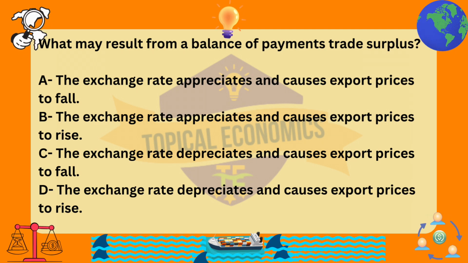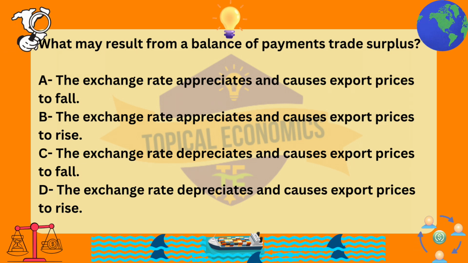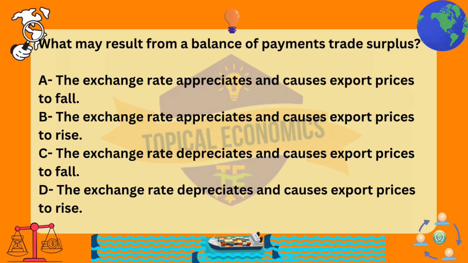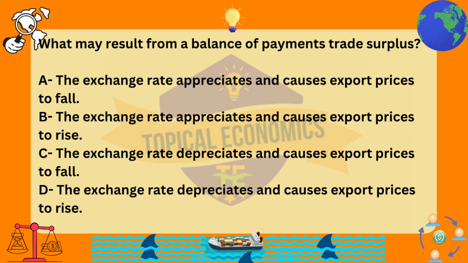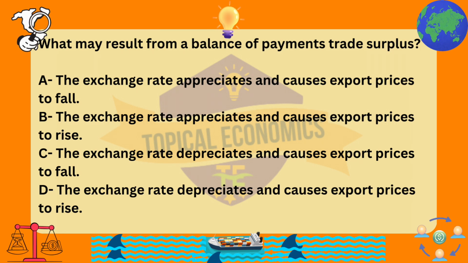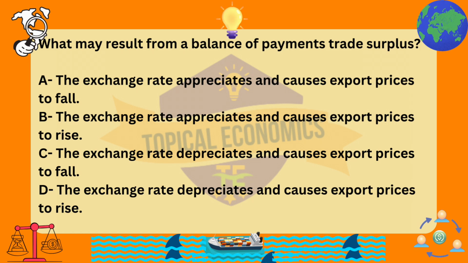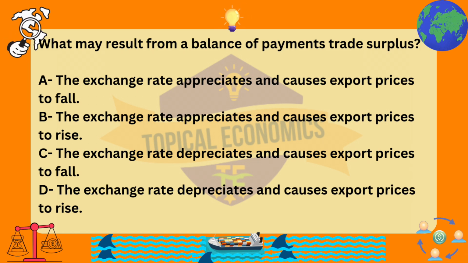A trade surplus in the balance of payments occurs when a country exports more goods and services than it imports. This situation results in an inflow of foreign currency, since foreign buyers are purchasing the country's exports. As the demand for the country's currency rises to pay for its exports, the currency tends to appreciate. When the currency appreciates, it becomes stronger relative to foreign currencies.